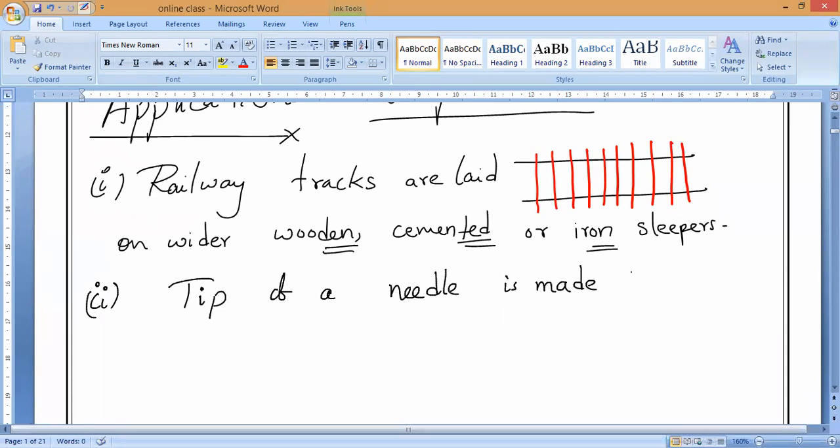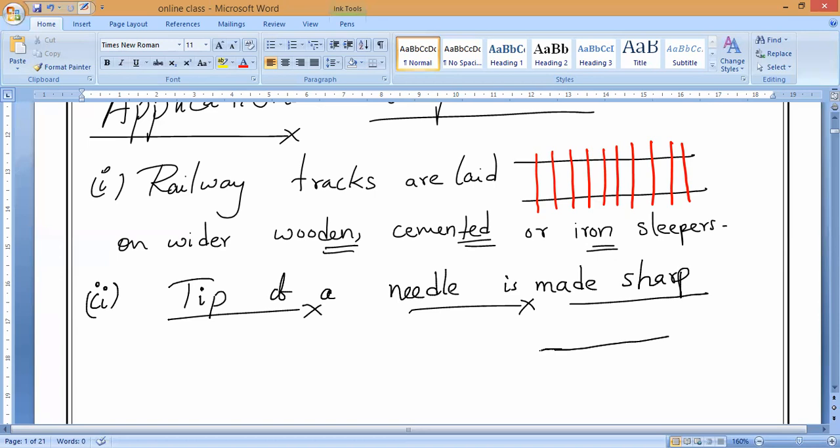Why do they make it so sharp? If you observe a needle, at the back there is a small hole to pass the thread, and one end is very sharp. Why do they keep this sharpness?